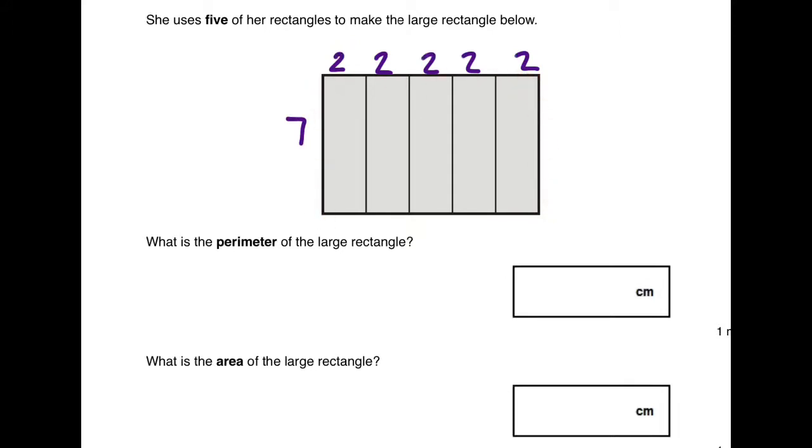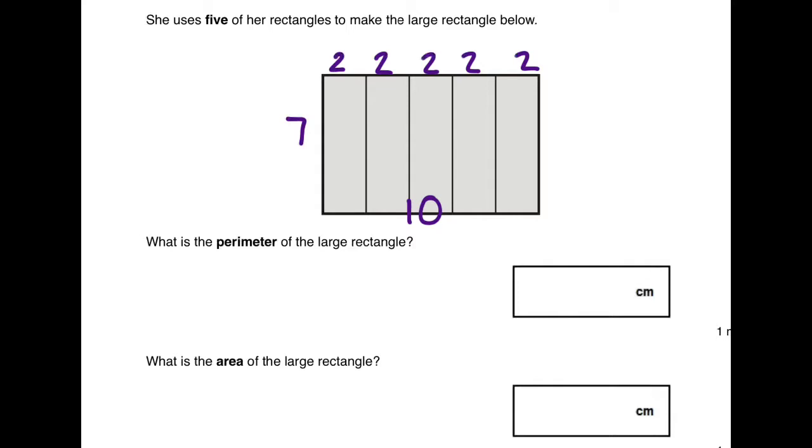So perimeter, we know that the long edge is 5 lots of 2, which we know is 10. And we know that this width is 7. So we've got 10, 10, 7, 7. Or we can say 7 add 10 and times that by 2.